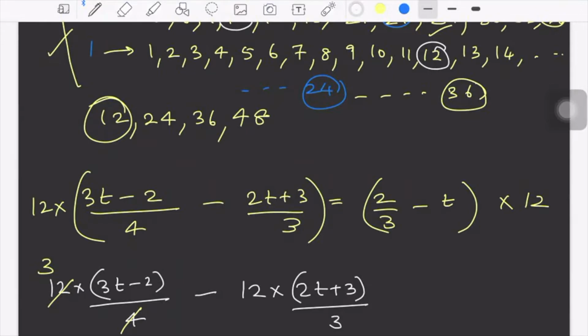That is why we choose the common multiple, right? Makes sense, right? 12 is chosen in such a way that our 4 was cancelled off. And here, again, 3 will be cancelled off. You now see, you understand why 12 was chosen, right?